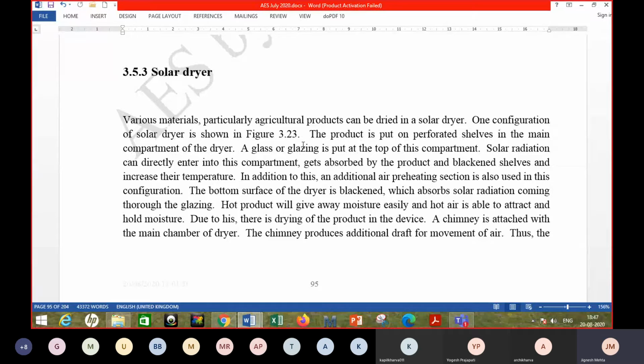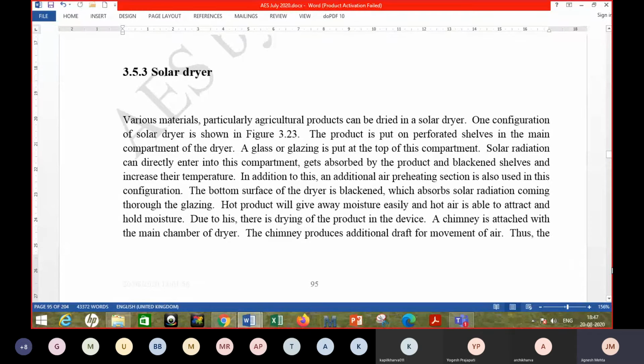So here there are two different ways in which you can use solar energy. One is to produce hot air and then use it for drying purpose, or the product may be directly exposed to the solar radiation also, or there can be combination of these two things, right? So based on that, the dryers can be divided into different categories or varieties.